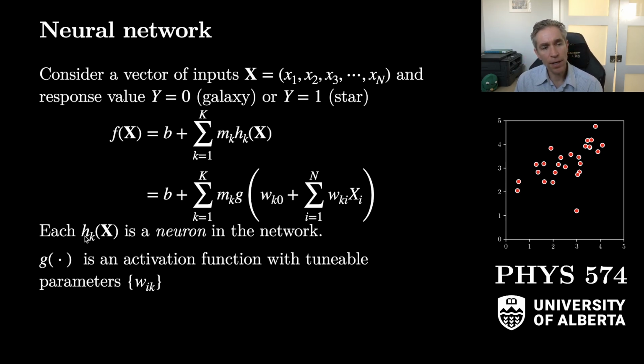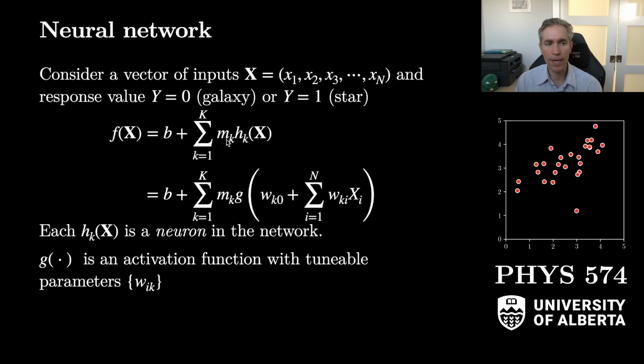This h of x is called the neuron in the network, and we can consider this to also be a linear function of weights times the original values in the data plus some offset. And this function g is called an activation function.